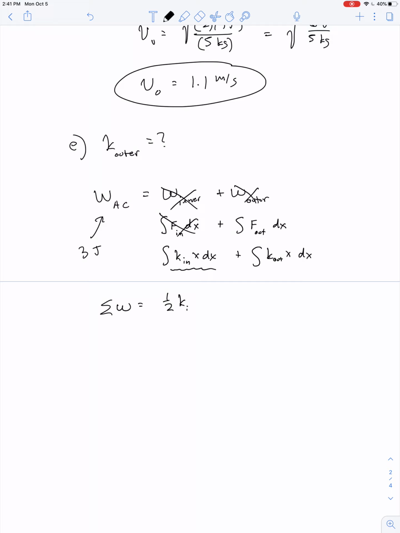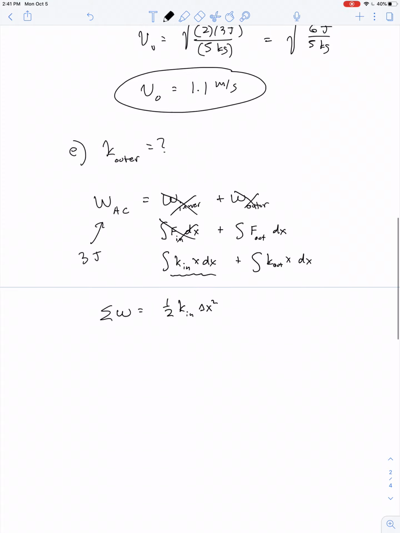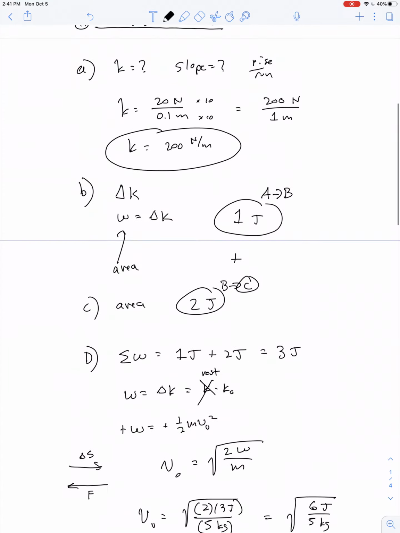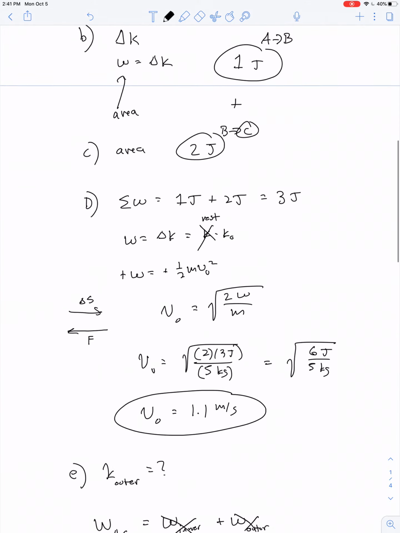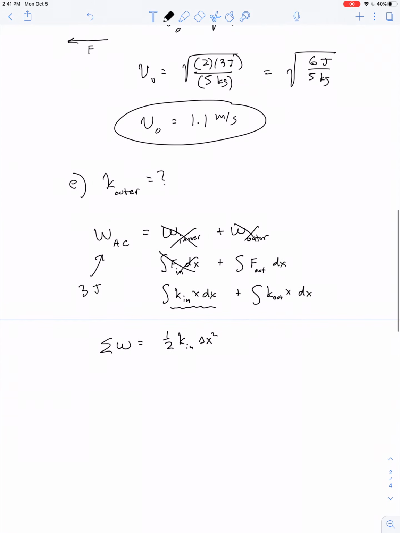So 1/2 k inner delta x squared, and the inner spring is doing work all the way from point A up to point C. So the delta x here, we're going to call delta x AC, plus 1/2 k outer delta x squared, just doing integration, thinking of integration as the antiderivative.